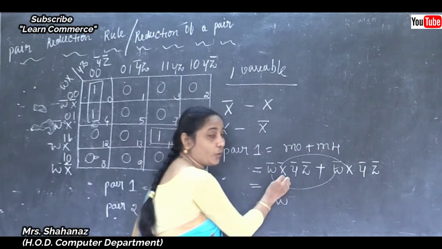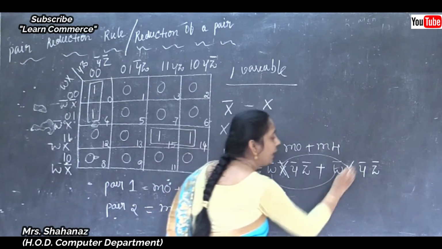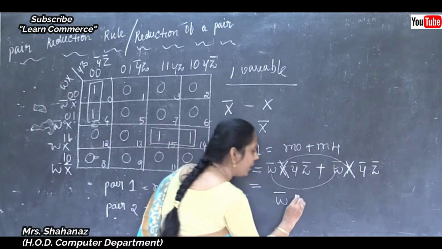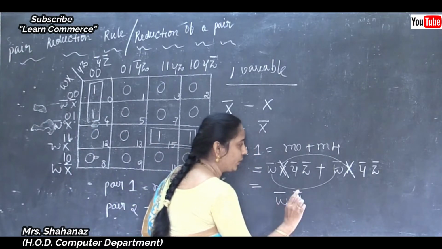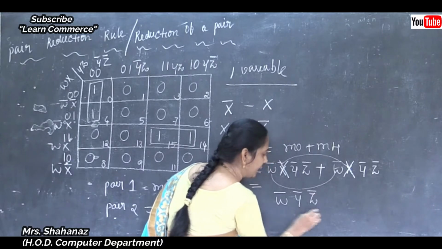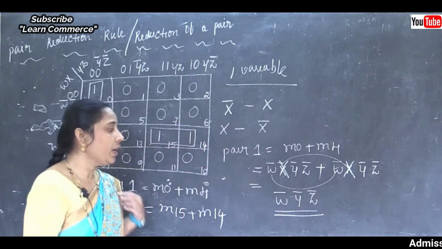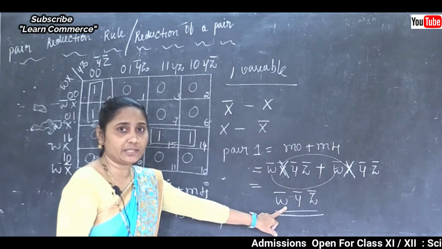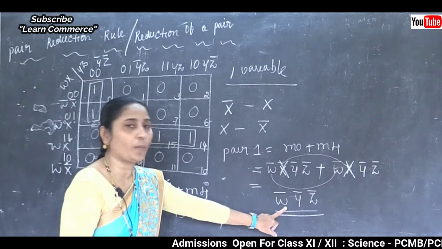That means we are going to remove that variable, X and complement X. For complement Y and complement Z, there are no changes. So the pair 1 result is complement W, complement Y, complement Z.